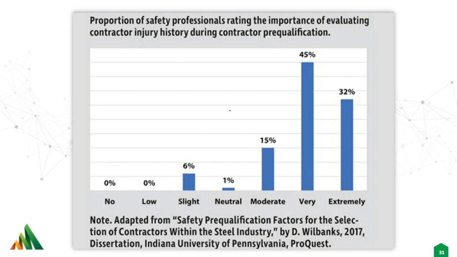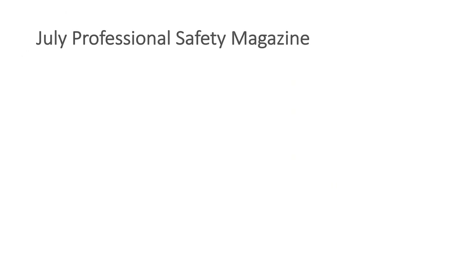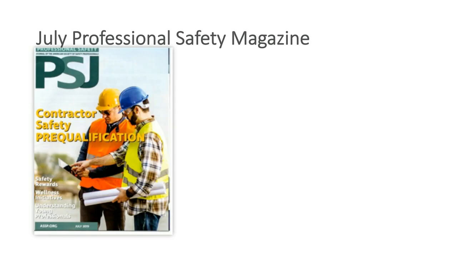There was a July 2019 Professional Safety article, sorry I didn't put the date on here. I remember when it came out, it caught my attention. It was called Contractor Safety Prequalification, and the author is David Wilbanks.